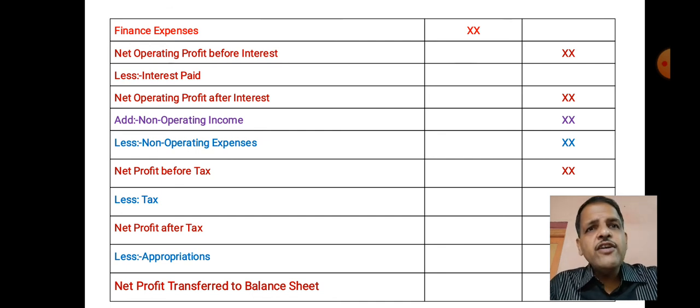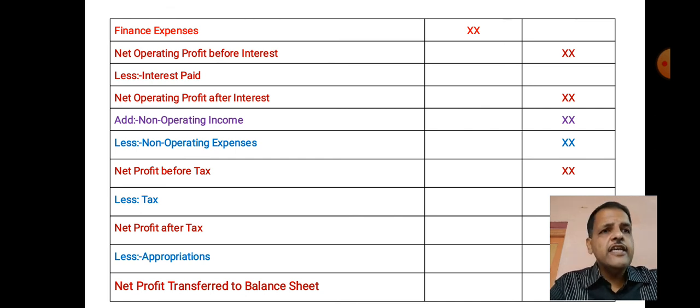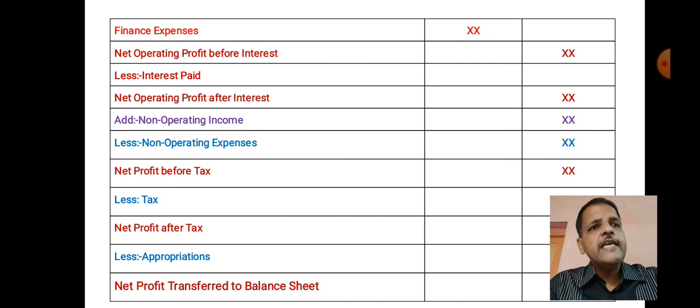Now, from this net operating profit after interest, two adjustments we have to carry out to get net profit before tax. We have to add non-operating incomes and we have to deduct non-operating expenses. Friends, what is meant by non-operating incomes? When we are getting certain incomes from activities other than our operating activities, they are called non-operating incomes.